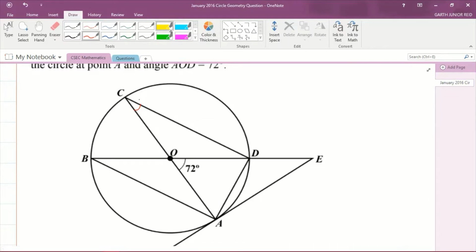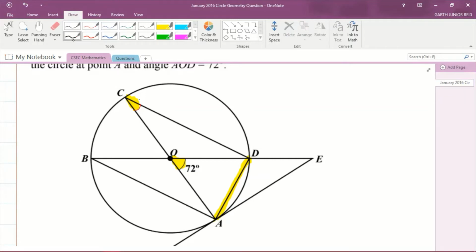Well, I want you to observe something carefully. Let us observe this angle here, and the chord here. All right, so we're going to observe this chord here. AD, that line is a chord. Okay, that's called a chord. Good.